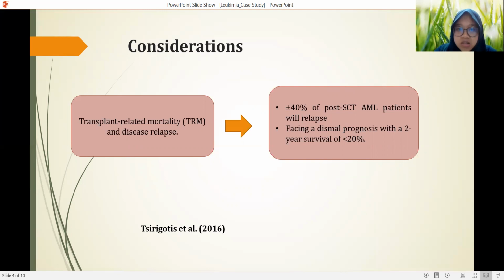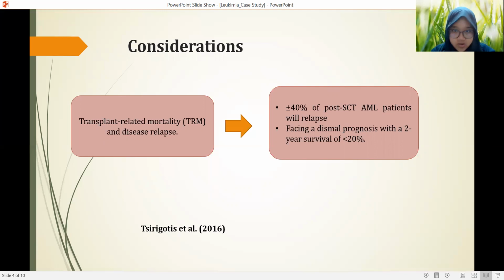Approximately 40% of post-SCT AML patients will relapse, based on the data from Therigotis et al., 2016, and then they face a dismal prognosis with a 2-year survival of less than 20%.